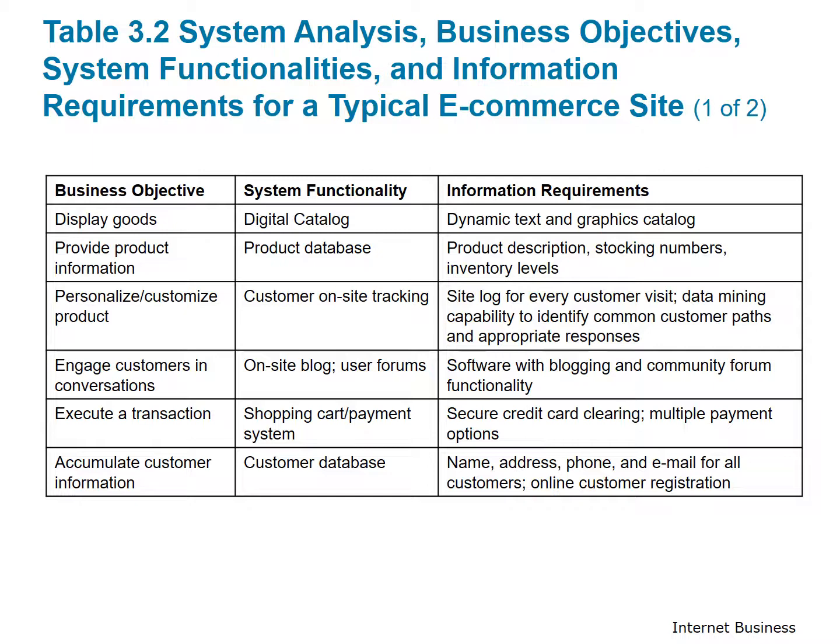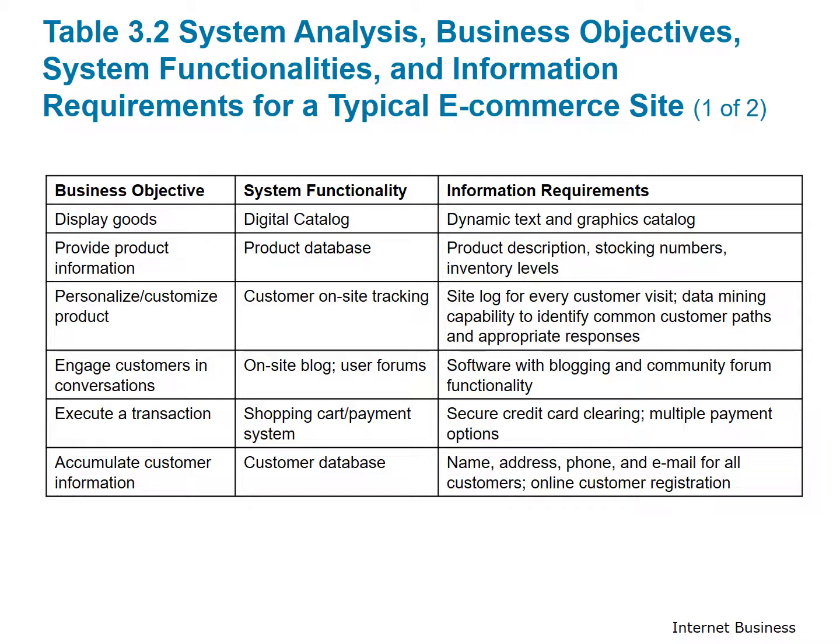These objectives must be translated into a description of system functionalities and ultimately into a set of precise information requirements. The specific information requirements for a system are typically defined in much greater detail than Table 3.2 indicates.